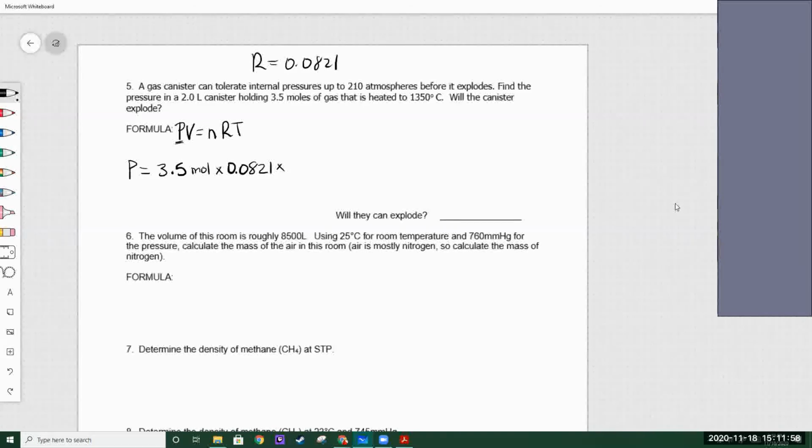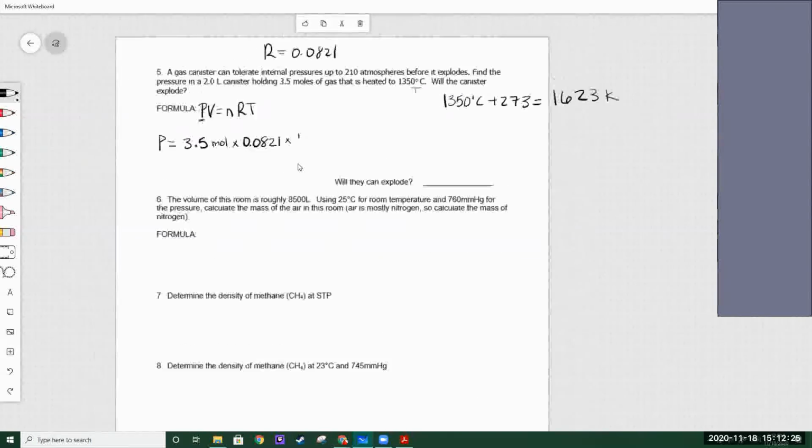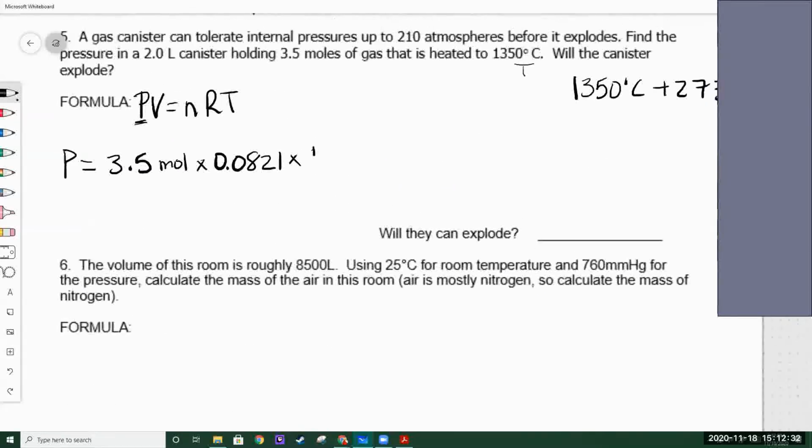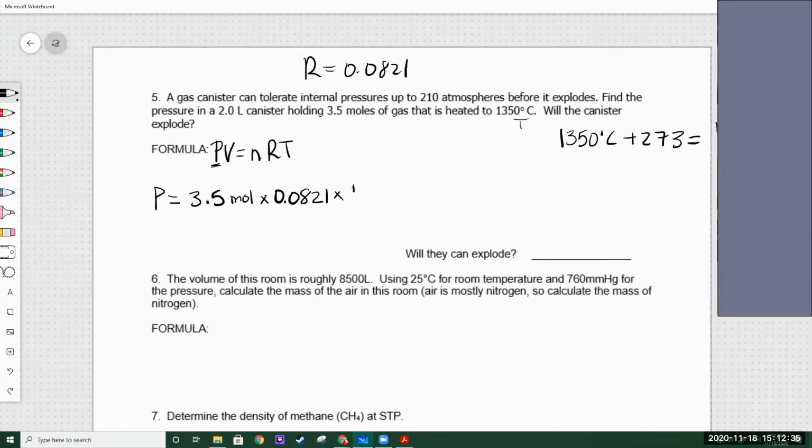And then our temperature, we're going to have to convert it, which is 1623 Kelvin, over our volume, because we're solving for P.